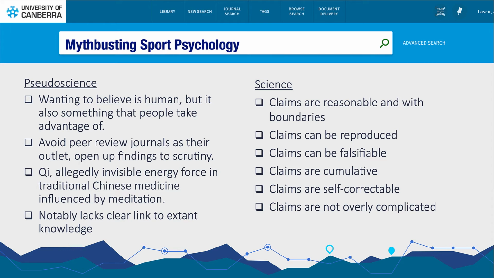A great way to exemplify this is the concept of qi. It's allegedly an invisible energy force in traditional Chinese medicine influenced by meditation, but it's really difficult to measure. So how do we know it's really there? Pseudoscience also notably lacks clear links to extant knowledge. It's not really based on anything.